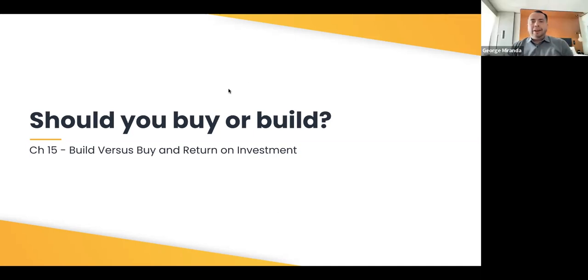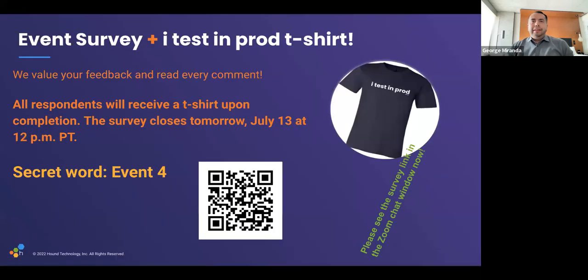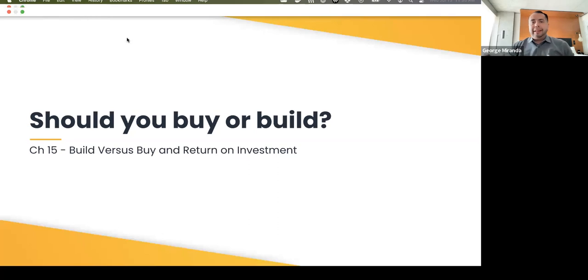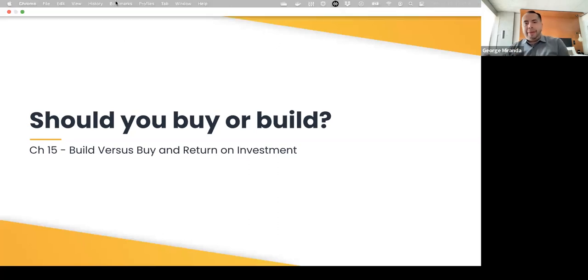You have to look at what that free software is really costing you: the salaries of that team, the opportunity cost of not being able to move quickly, but needing to build that thing and maintain it over time.